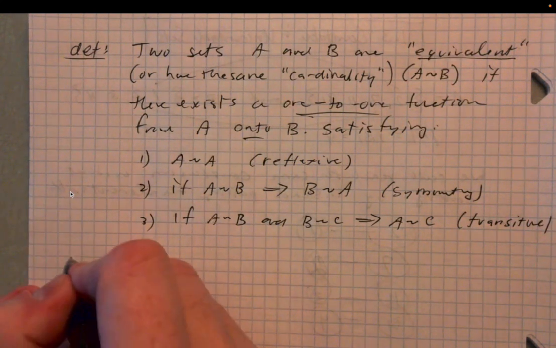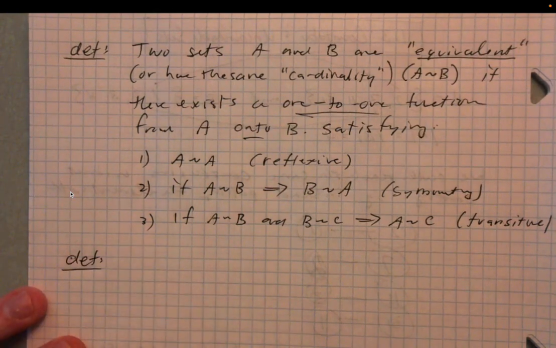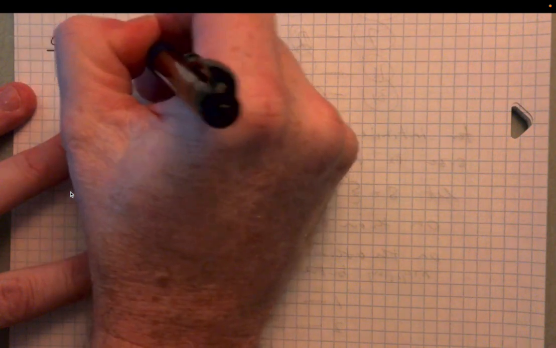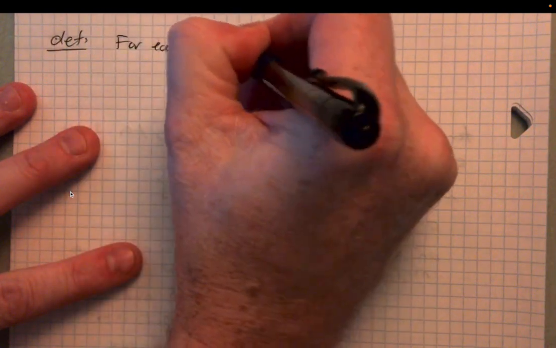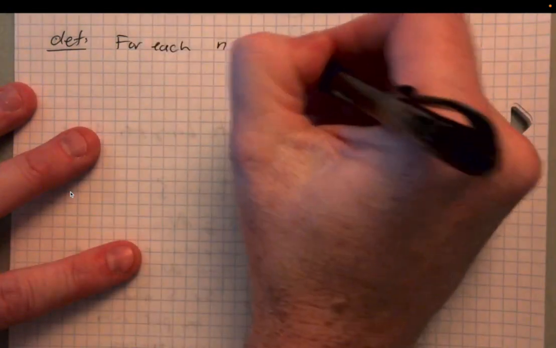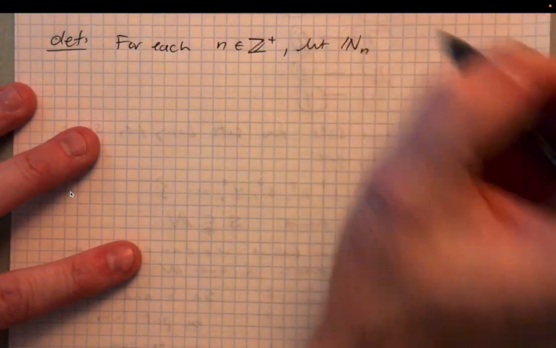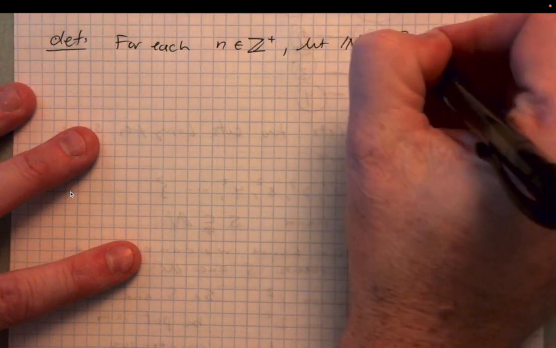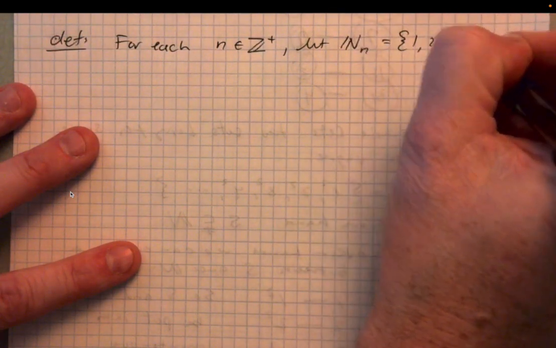Okay, next, this is kind of a big definition, and we're going to come back and qualify a bunch of these things, but we're just going to lay it all out up front. All of the different ideas about infinity are going to be laid out here. So for each n in the positive integers, otherwise known as the natural numbers, we're going to let N sub n equal 1, 2, up to n.